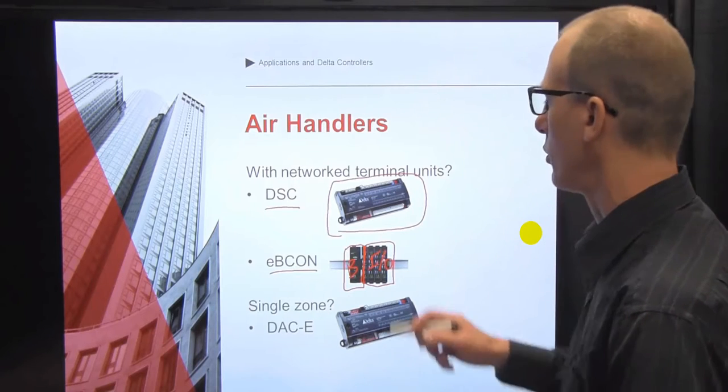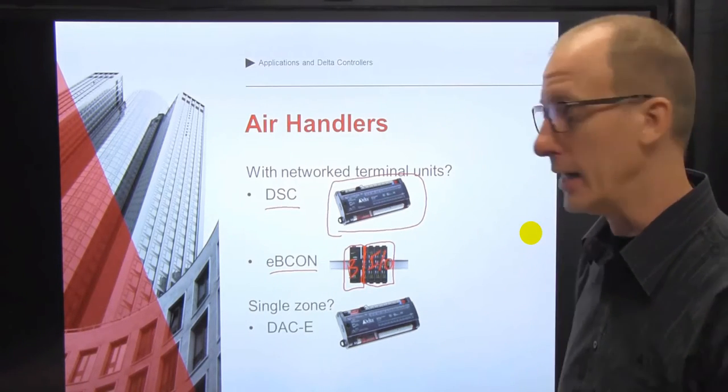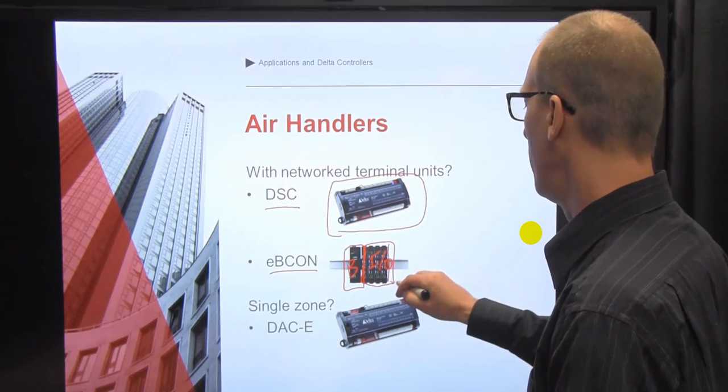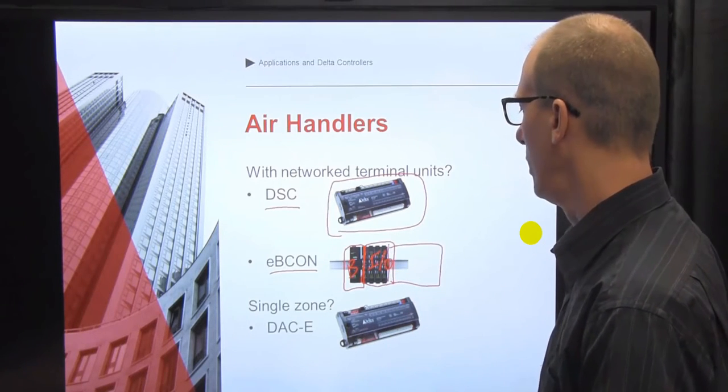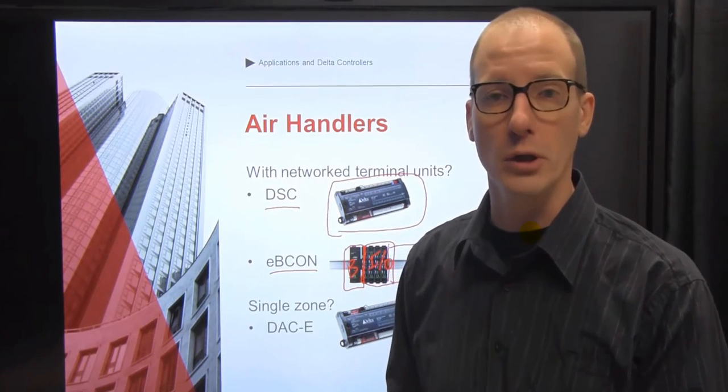This particular little drawing only shows a configuration that has 16 inputs and 16 outputs, but that can be expanded using additional boards to have much more I/O if the air handler were to require it.